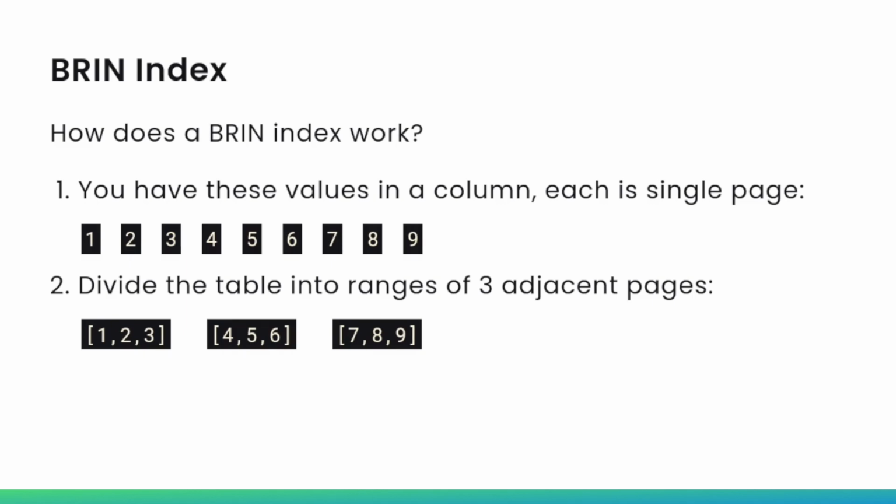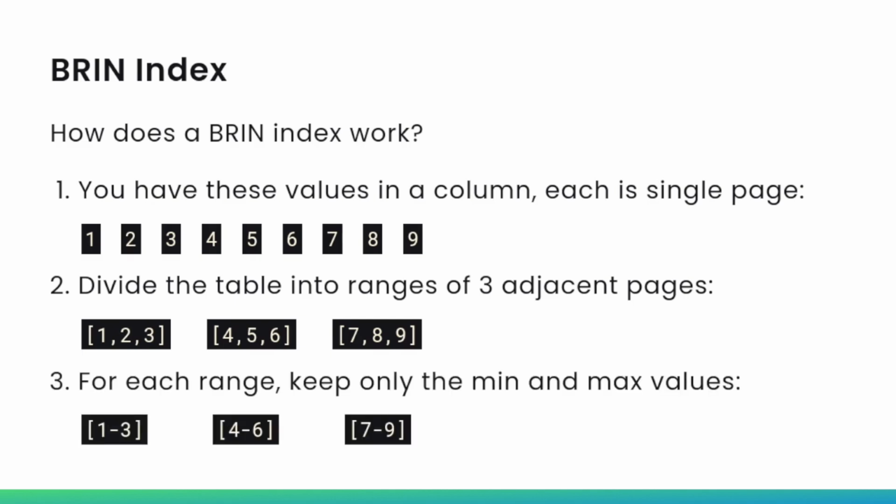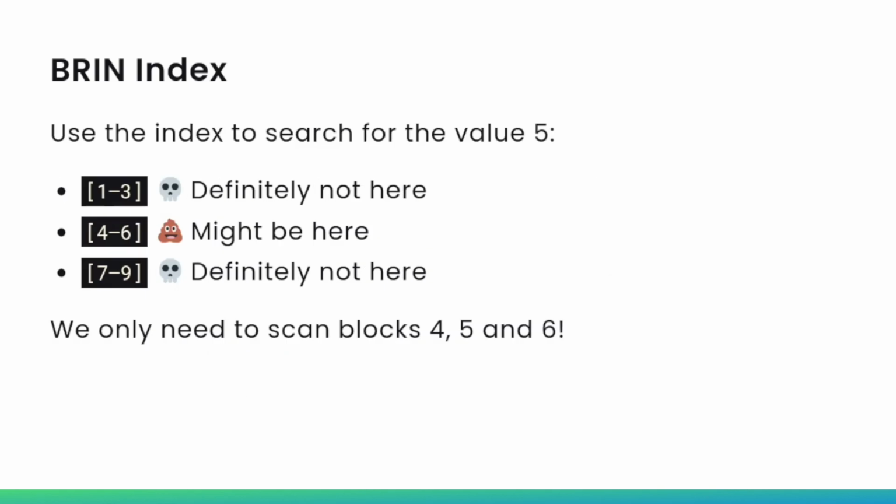I grouped them into a group of 3 adjacent pages. The next step, and yes, it's that simple, we just keep the range for each group, okay? So 1 through 3 is 1 through 3, right? 4, 5, 6, 4 through 6, 7, 8, 9, 7 through 9, okay? And this is our BRIN index.